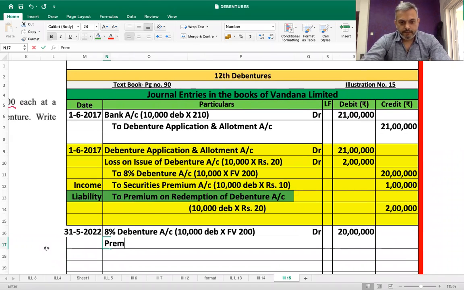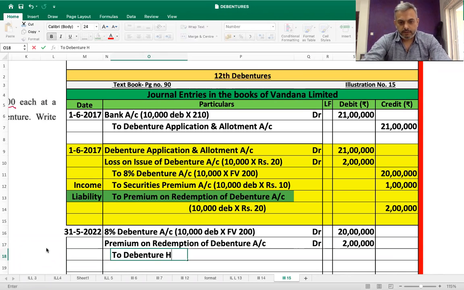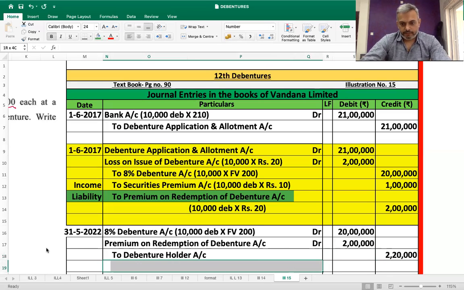then premium. We have committed we are going to pay more, so that's why we use the word premium. Premium on redemption of debenture account, debit 2 lakhs, to debenture holder account 2,20,000.